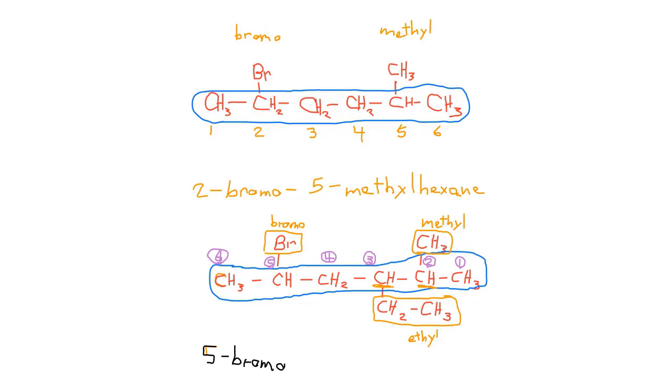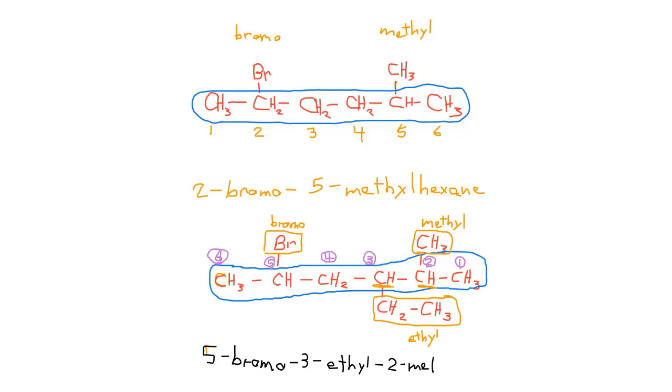And what comes after 5-bromo? What do you think? 3-ethyl. Ethyl comes first because E comes before M in the alphabet. So 3-ethyl. And then 2-methyl, right? And then how do we close this up?